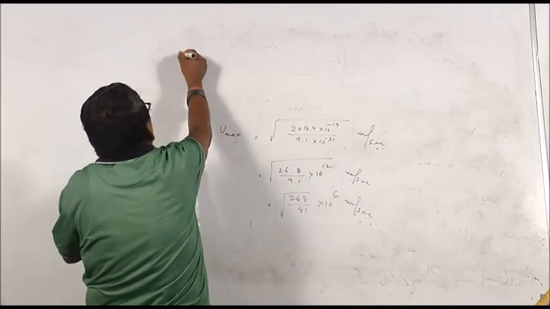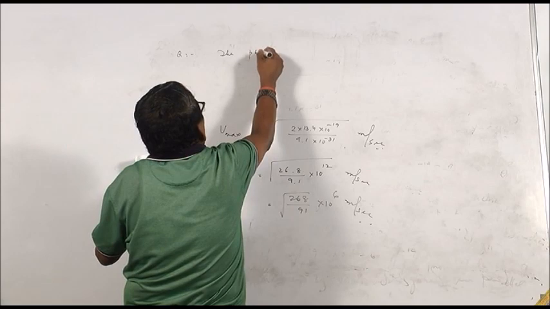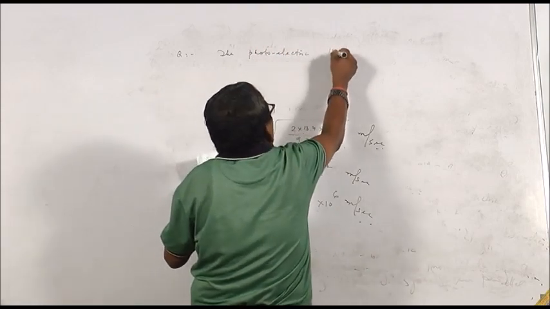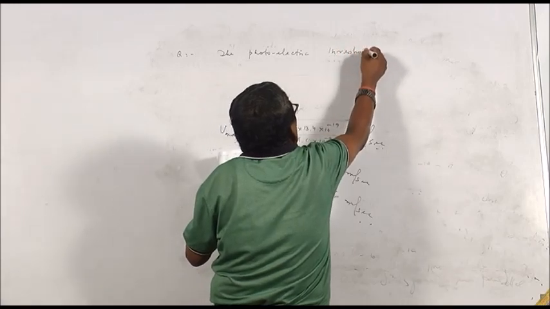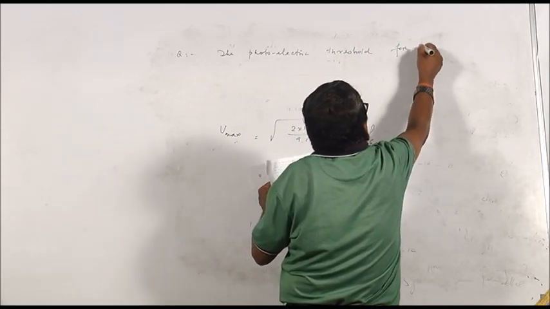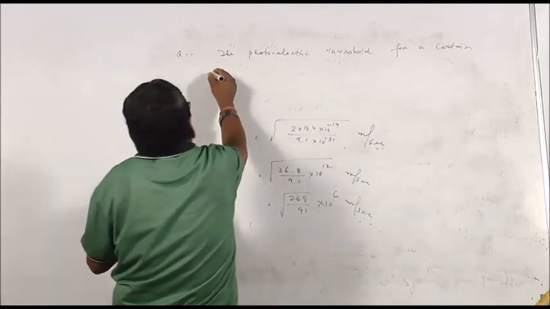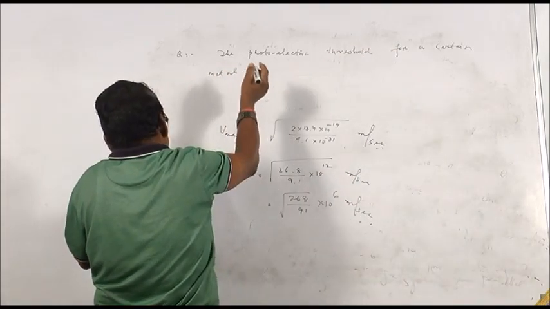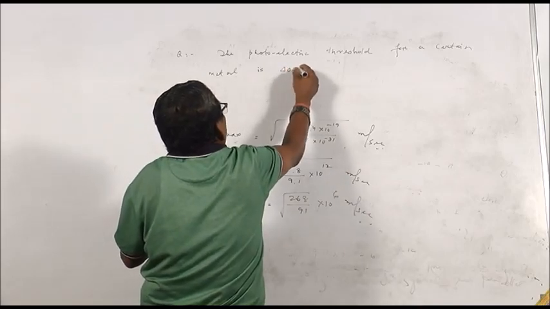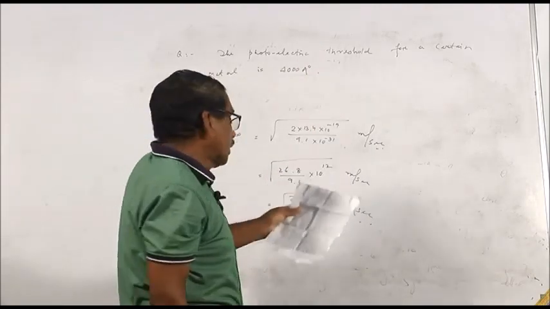The question is: the photoelectric threshold for a certain metal is 4000 angstrom. The threshold is given in the form of wavelength.